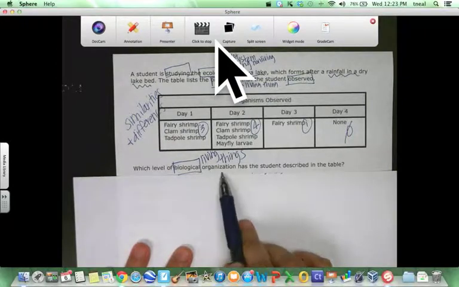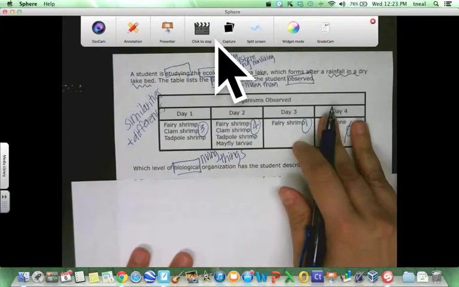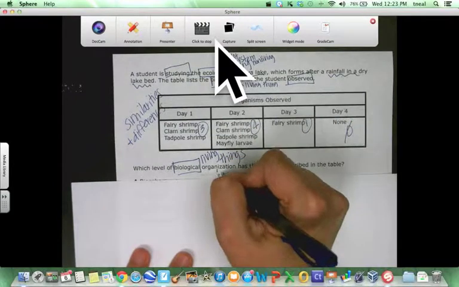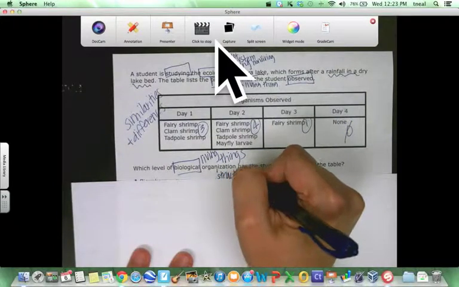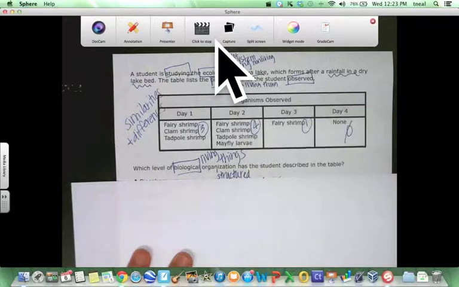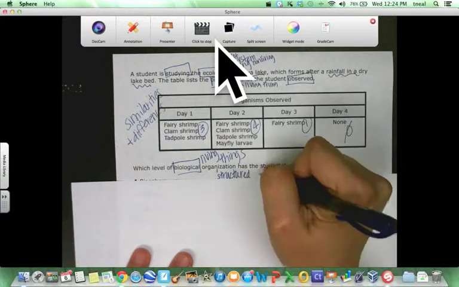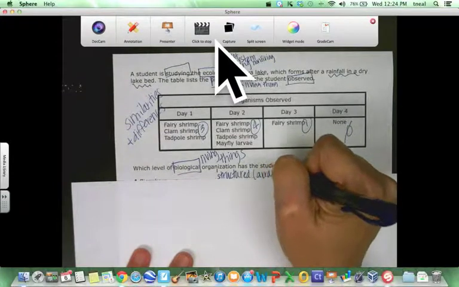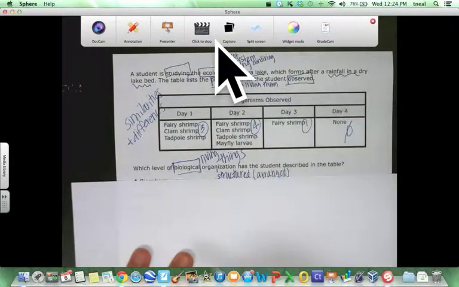Organization. Organization is the way things are structured. And you don't even have to think about how it's structured in life, but if you think about when you go to a grocery store, things are structured a certain way. They're arranged a certain way. Okay, so which level of living things is a structure? Which structure of living things is she looking at in the lake?